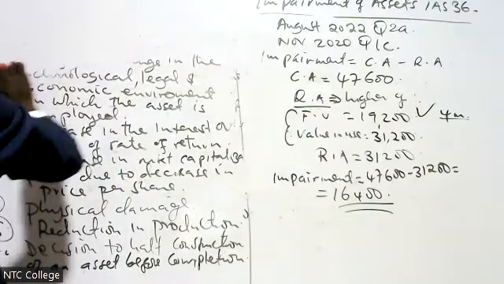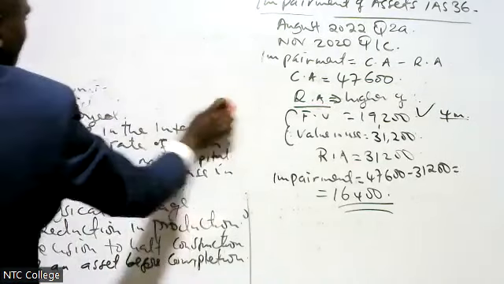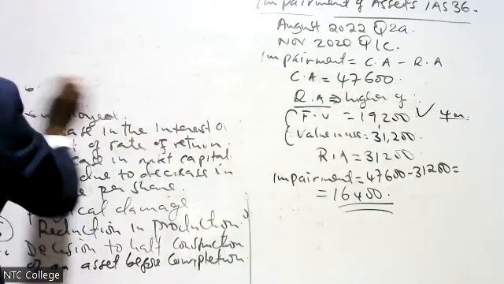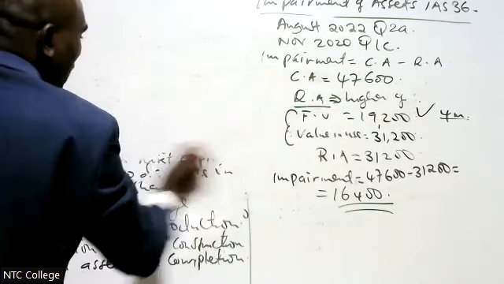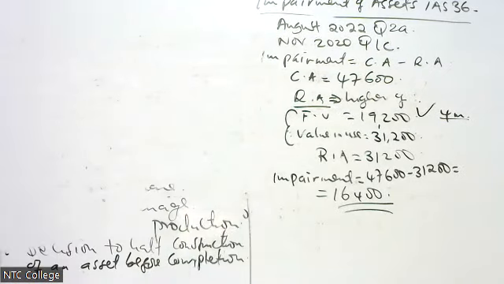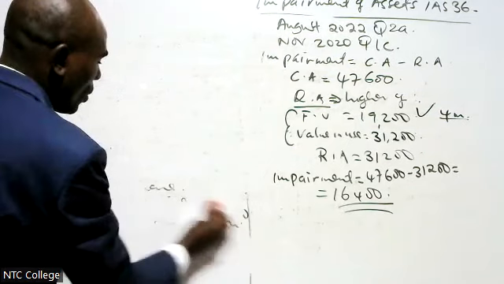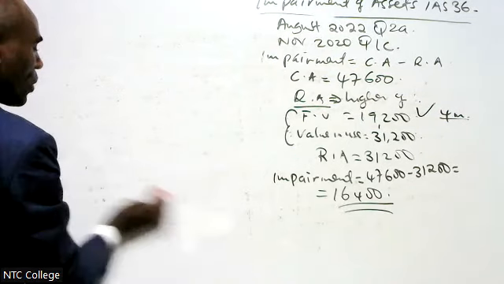Let me show you how you are going to allocate impairment. Already we have 16,400. How are you going to allocate it so that you give us the new carrying amount?